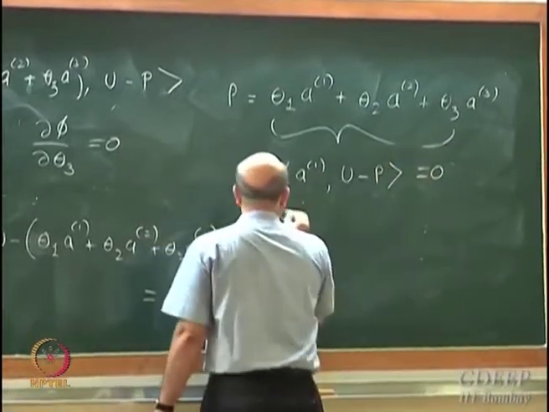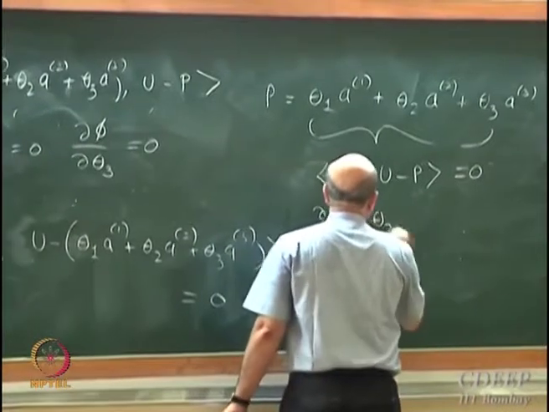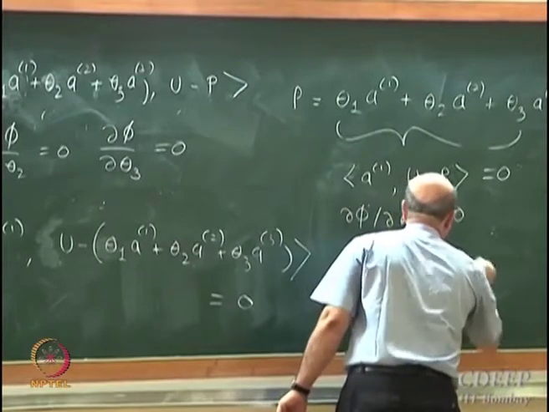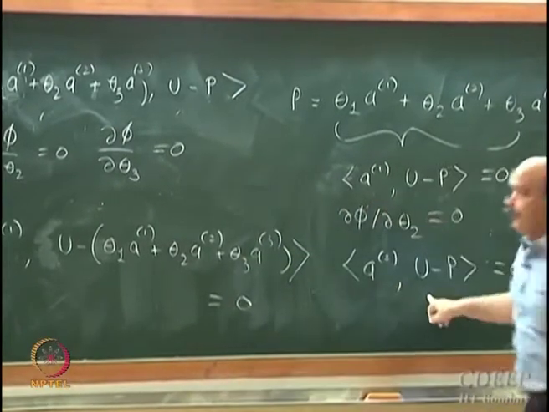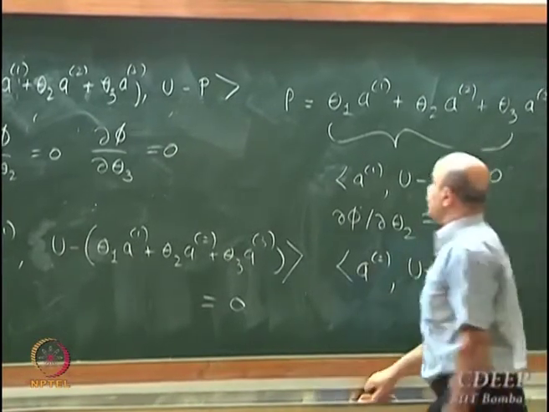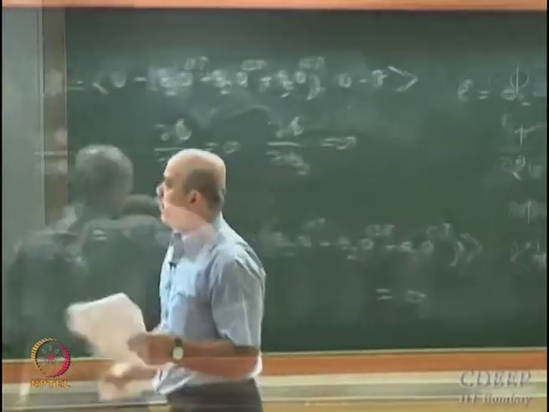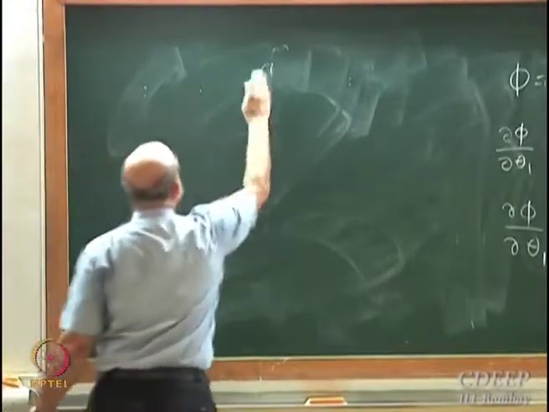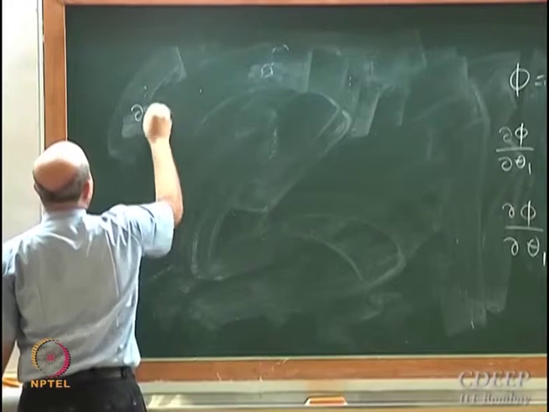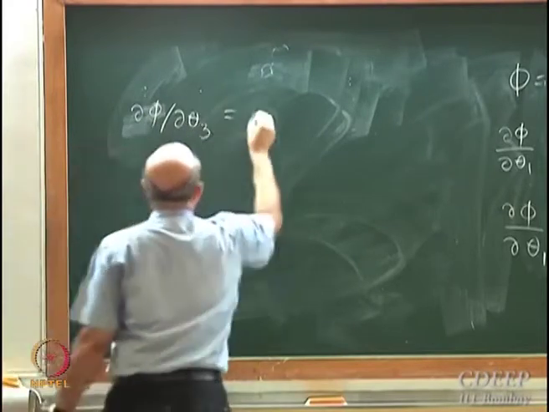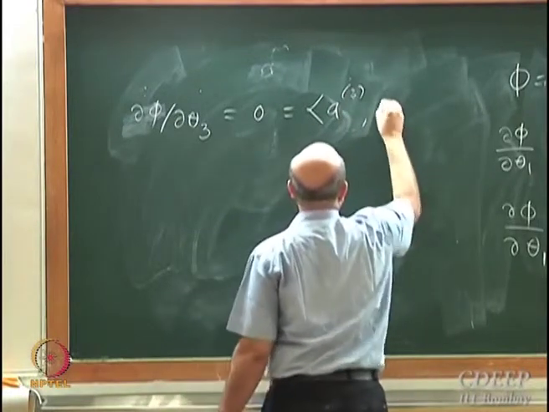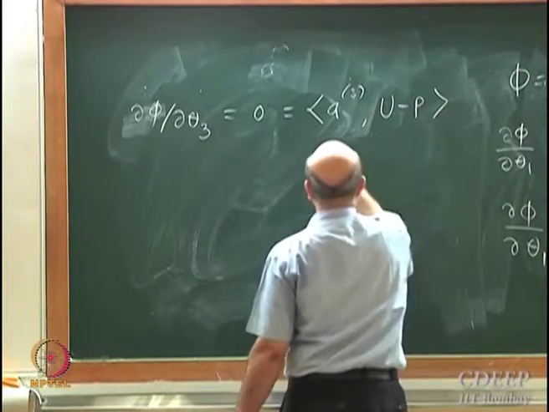Setting dou phi by dou theta 2 equal to 0, you will get A2 inner product U minus P equal to 0. The third equation that you get is dou phi by dou theta 3 equal to 0, so that is A3 inner product U minus P equal to 0.